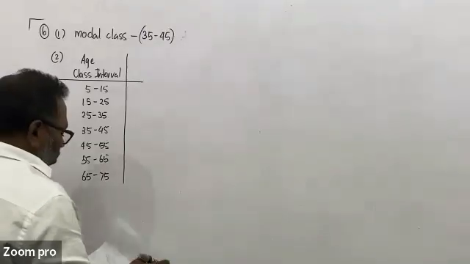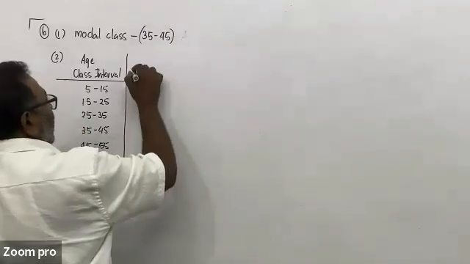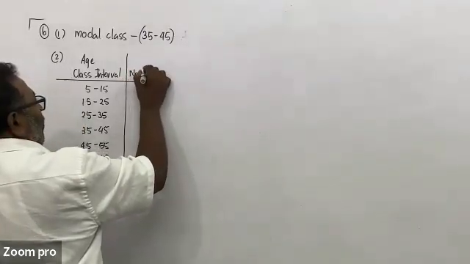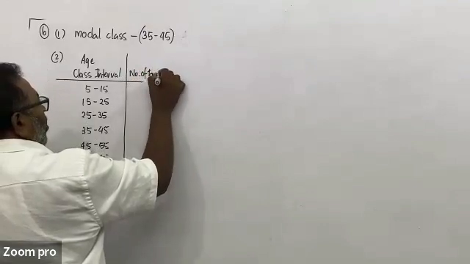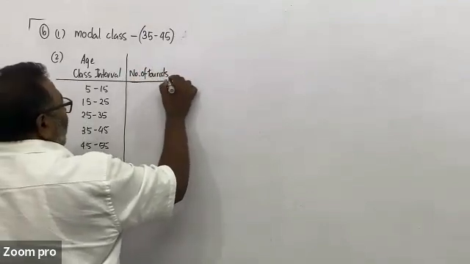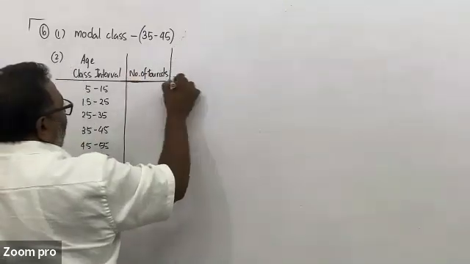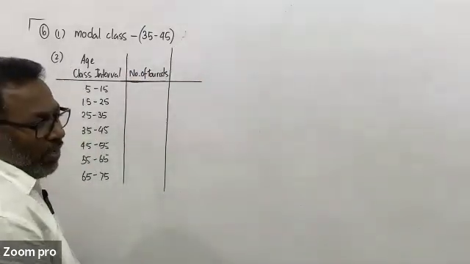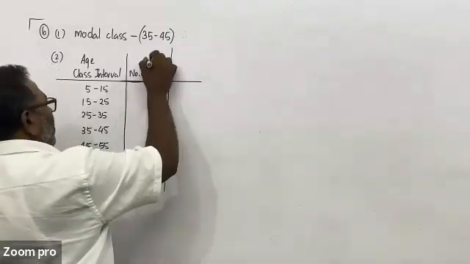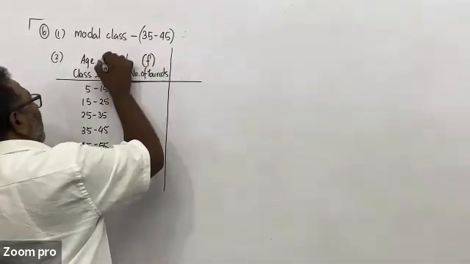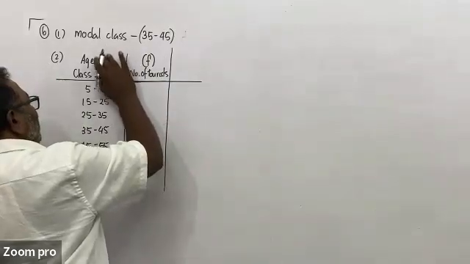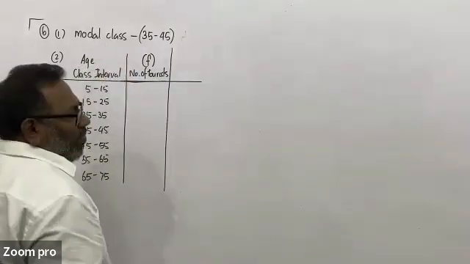Then they're giving you the number of tourists as your frequency. What is frequency? How many people are traveling between that particular age? So we call this the frequency. This is x, your class interval.